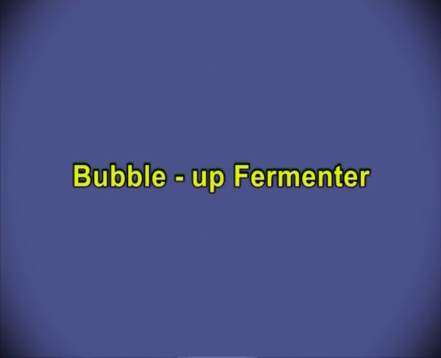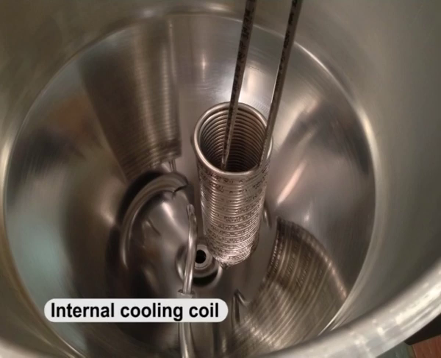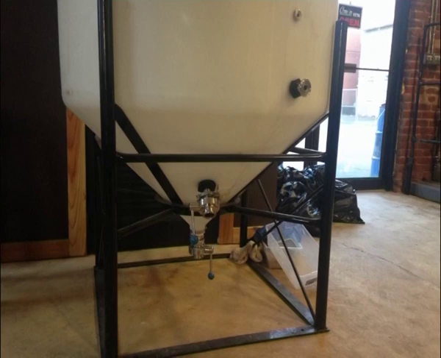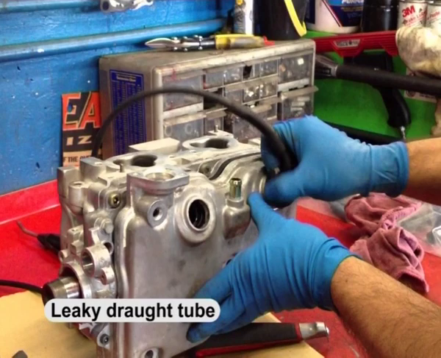Bubble up fermenter. It is a bubble column fermenter that is fitted with an internal cooling coil. Air is introduced from the bottom of the column. In this vessel, the cooling coil effectively separates the column into an inner riser or draught tube and the outer downflow tube. The cooling coil assembly functions as a leaky draught tube.